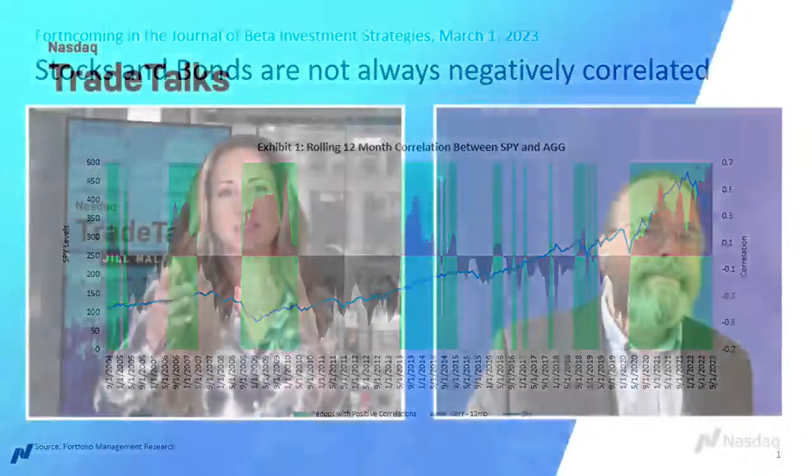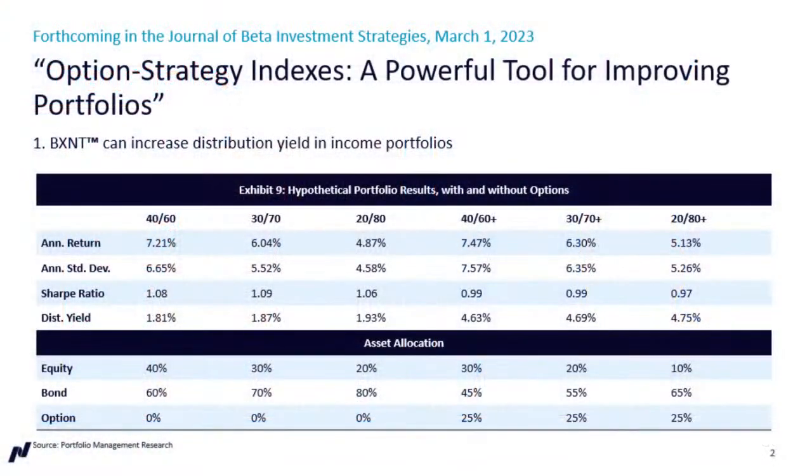Right, and perfect segue. Let's pull up that next chart with our first strategy here that talks about income. Absolutely. So what we did here was we looked at BXNT, the Cboe Nasdaq-100 BuyWrite Index. It tracks a covered call strategy on the Nasdaq-100 Index. And what we found was that adding this index to a stock and bond portfolio can dramatically increase distribution yield.